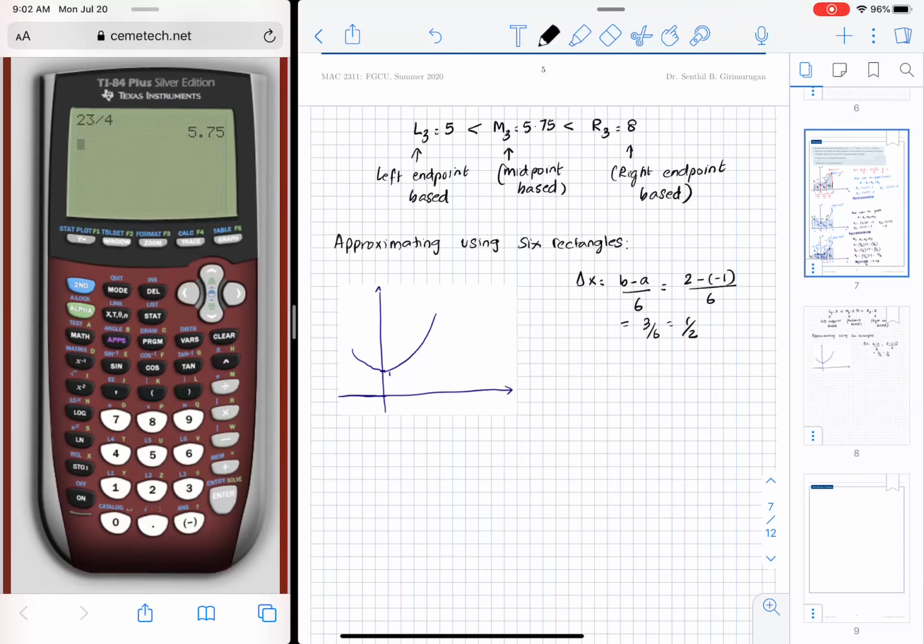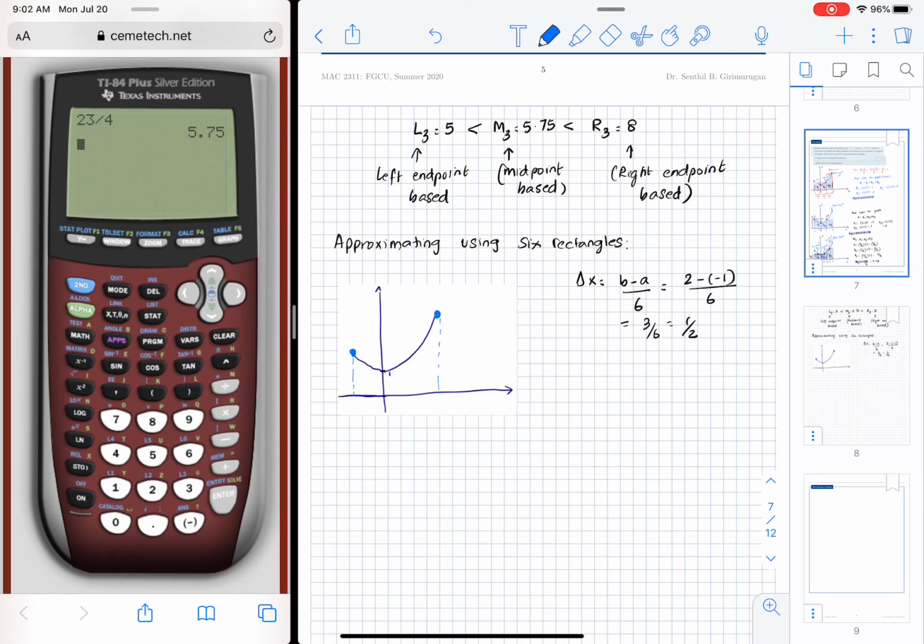You've got to ask yourself, are we going to get a better estimate of the area, or are we going to get a worse estimate of the area? We are increasing the number of rectangles, so the estimate of the area is going to be better. So those are my endpoint values.